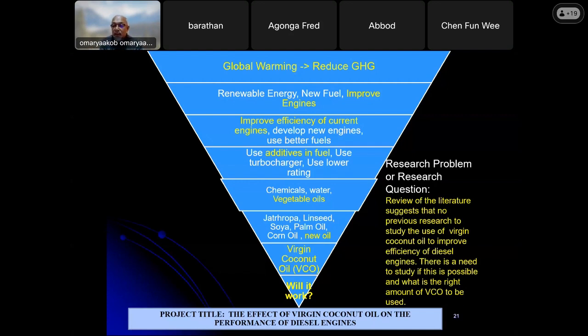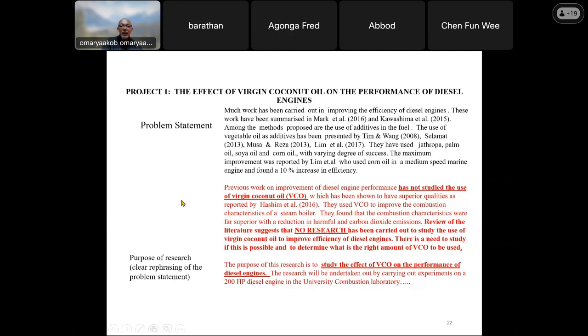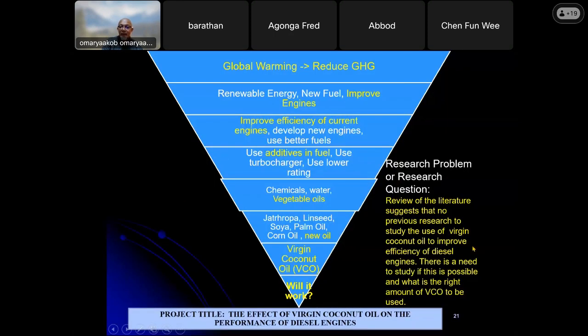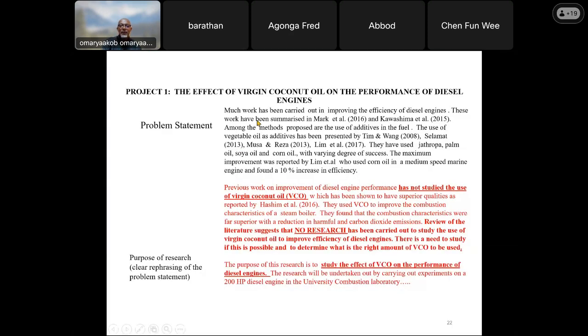So review of the literature suggests that there is no previous research studying virgin coconut oil to improve the efficiency of diesel engines. There's a need to study if this is possible. What's the right amount of VCO, virgin coconut oil, to be used? So that is the research problem. And from this analysis or thinking method, this is how it is written in the thesis itself.